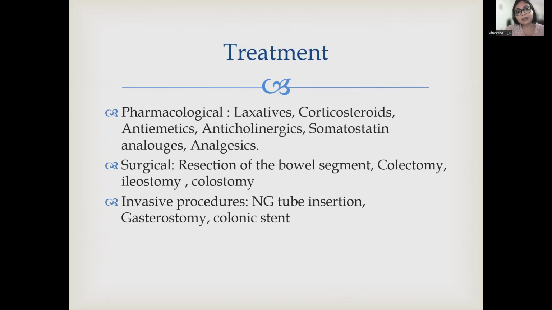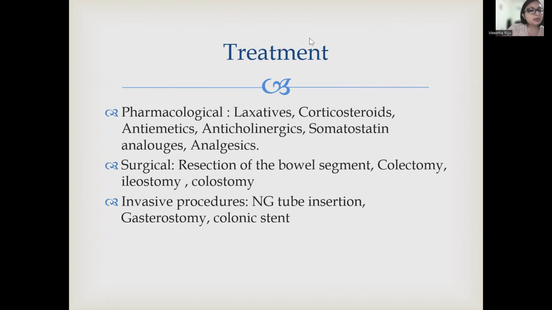Now treatment, you have pharmacological treatments. So what do you give? You give laxatives, right? You can give enema. So what other laxative would you like to try?